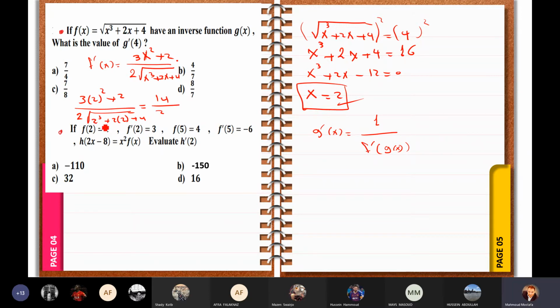Now the square root of 8 plus 4 plus 4, which is 16. The square root of 16 is 4, multiply 2 is 8. So it's 14 over 8, which you can simplify as 7 over 4.